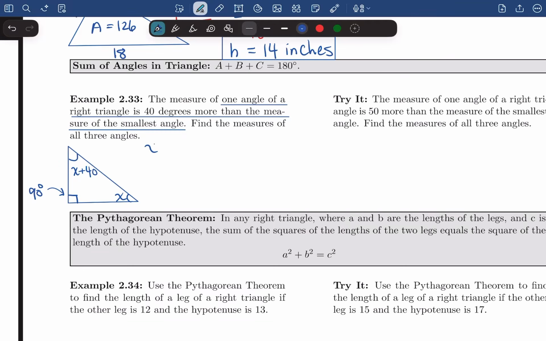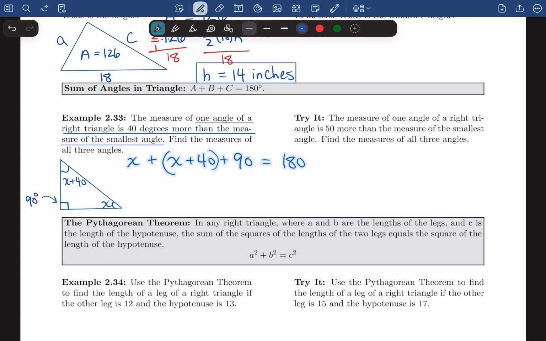We know that all three angles added together, x plus 40 plus 90, has to equal 180 degrees. That's the smallest angle, the next mediumest angle, and the 90-degree right angle added together. Now that we've written this equation, we can combine like terms.